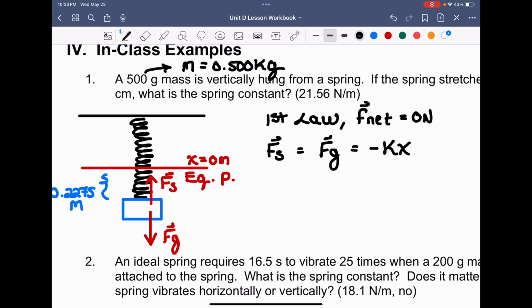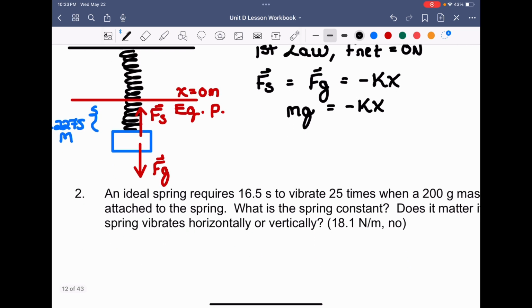Now, Fs we don't know anything about, but we do know that Fg is equal to mass times gravity, which is equal to negative kx. And then from here, if we want to solve for that spring constant, I'm going to divide both sides by negative x, and this is going to give me the following. k is equal to mg divided by negative x.